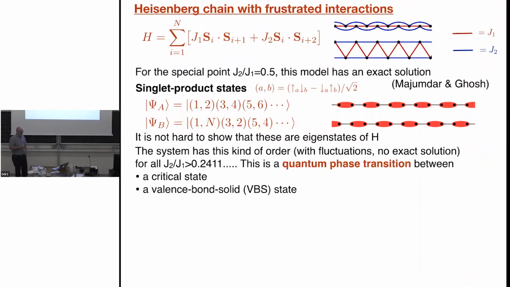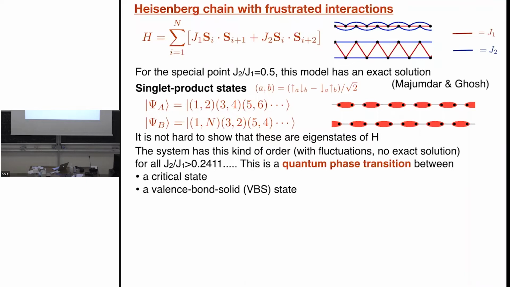All right, so what happens? Okay, so the point was if you perturb just a little bit away from this special point, it's clear that dimerization should survive. But then we know if you go closer to the single chain, if J2 becomes very small, then it should become closer to what we had, this critical ground state.